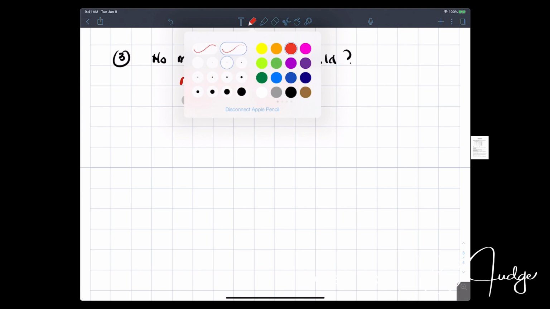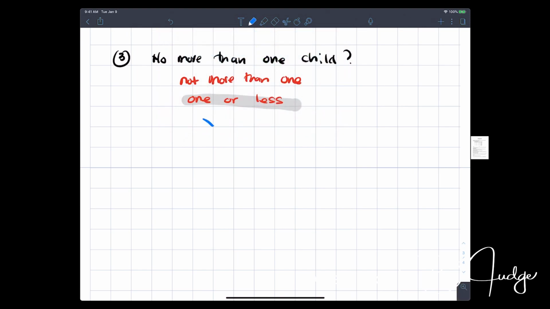How do we write 1 or less? This means X is less than or equal to 1. So we're going to need to know how to do this. X is less than or equal to 1. This is the key here, knowing these phrases. So the probability that X is less than or equal to 1 is the probability that X is 0 or X is 1.